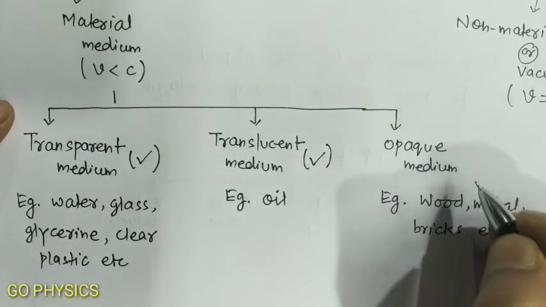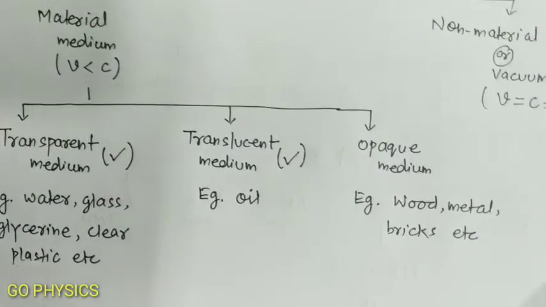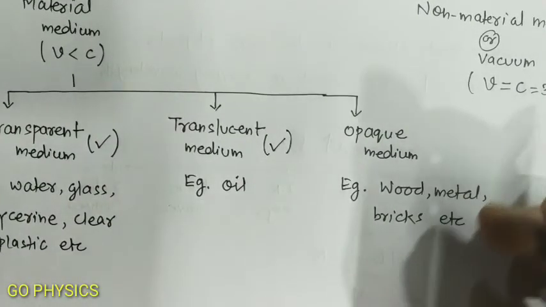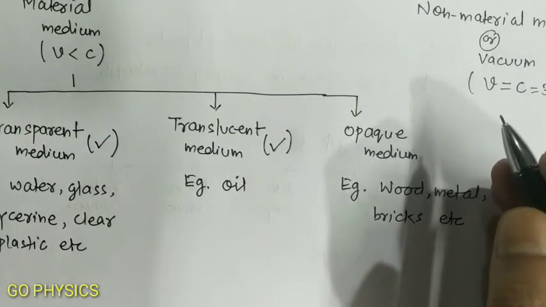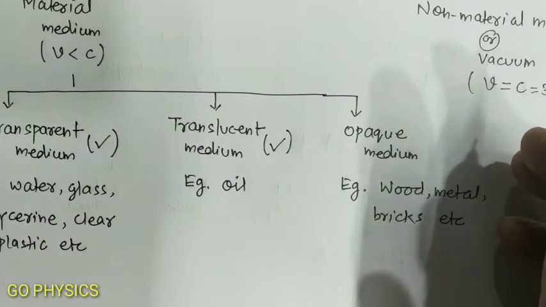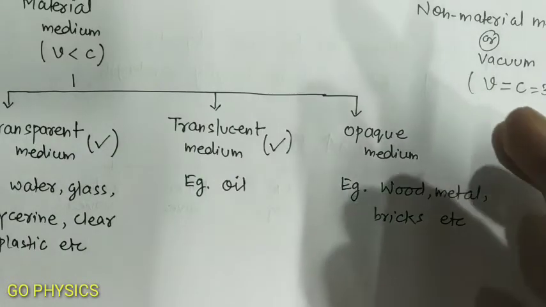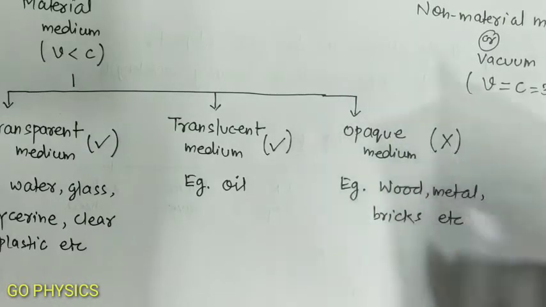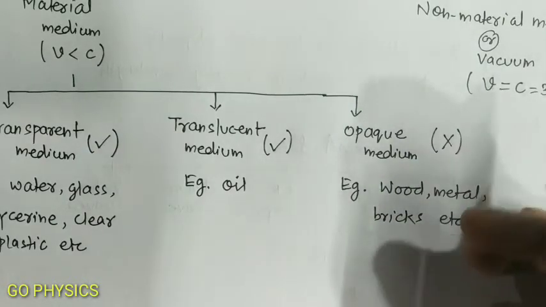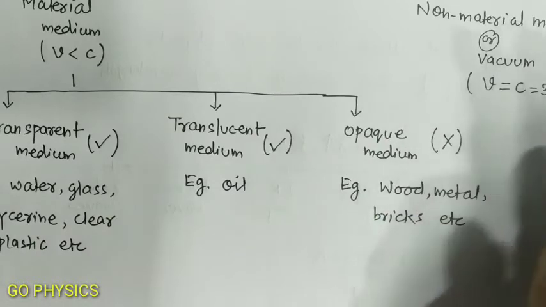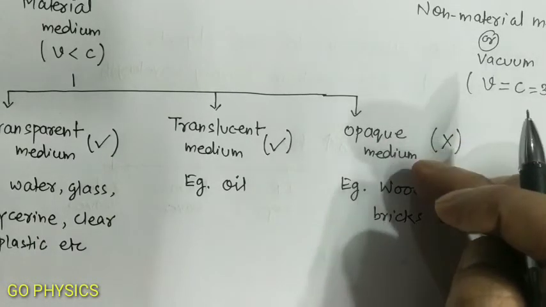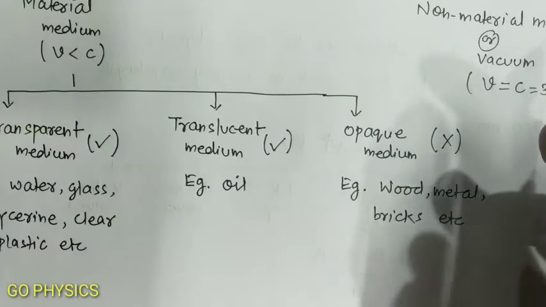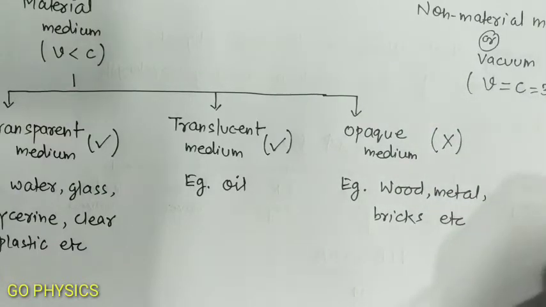Now let's talk about opaque medium, that is wood, metal, brick, etc. In case of opaque medium, light cannot travel. That is, light cannot pass through wood. So through an opaque medium, light cannot travel.